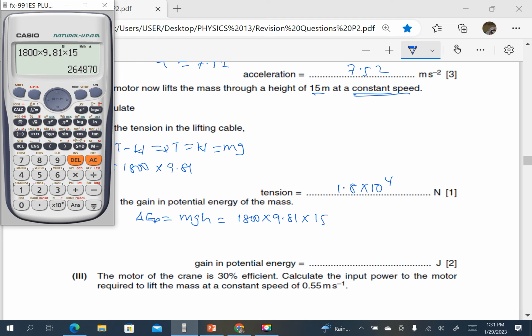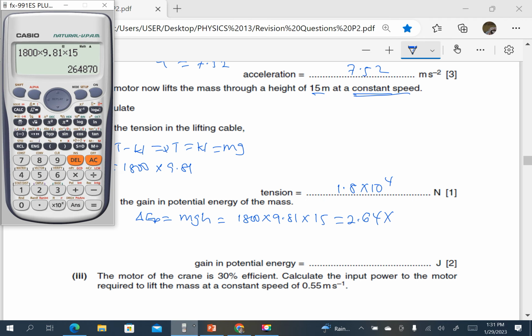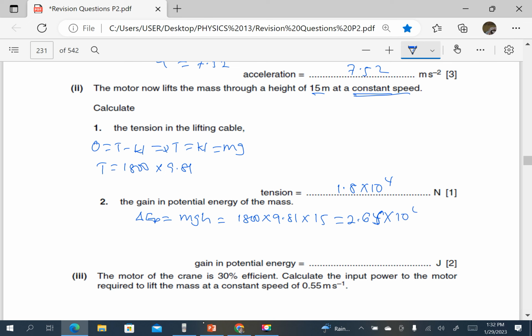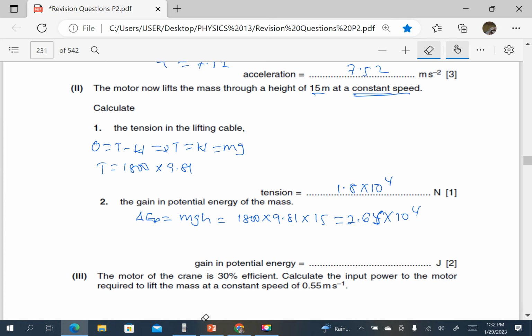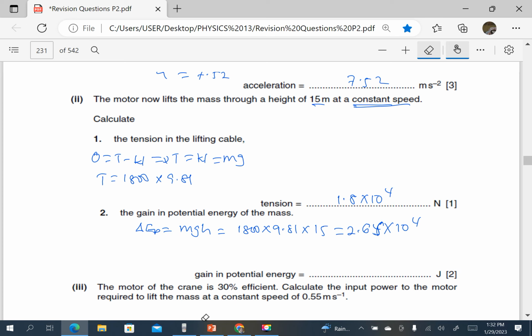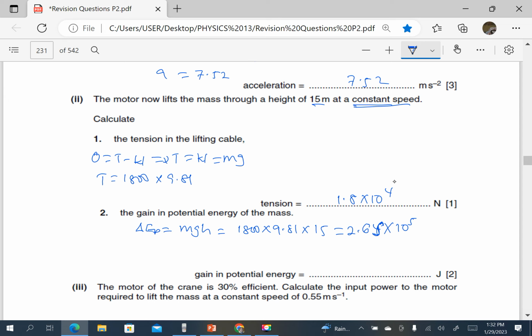That is 2.64, or 2.65 times 10 power 5, which is approximately 2.65 times 10 power 5.